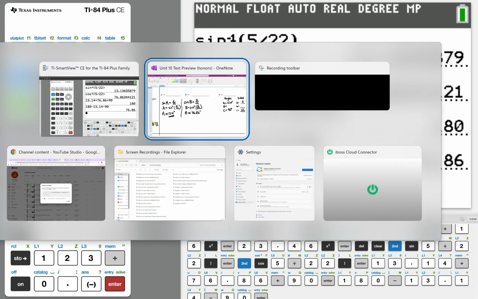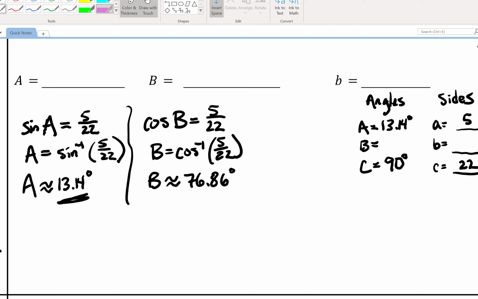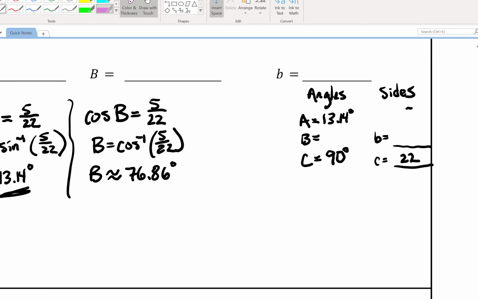Okay, so here, I'm going to change the color on this just so you can see kind of what I've done. B then is 13.14 degrees, and this one is 76.86 degrees.